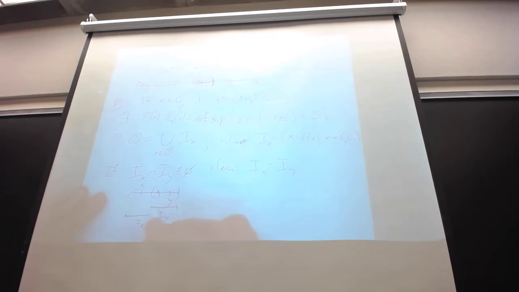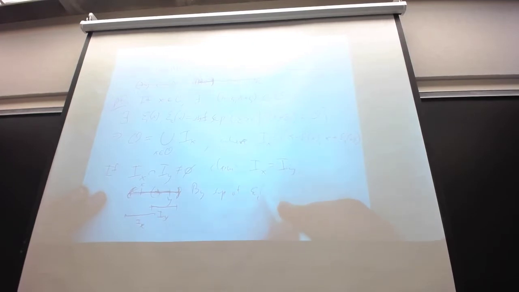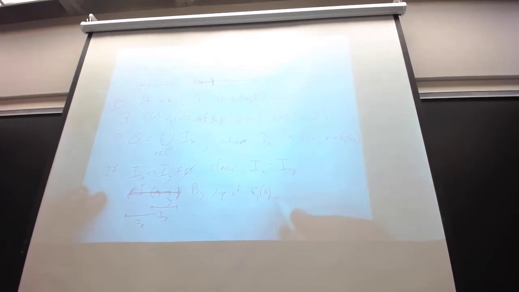If they have some intersection, which, since they're both open, will be open, well, then it's clear I could have pushed y, then epsilon 1 of y isn't the smallest. I could have pushed it all the way out to here. And by the same token, I could have pushed epsilon 2 of x out there. So by maximality, by the supremum of epsilon 1 of x, epsilon 2 of x, epsilon 1 of y, epsilon 2 of y, if they intersect, then they're equal.